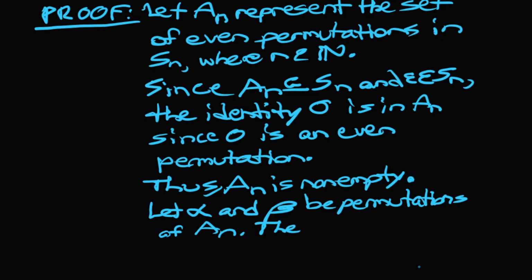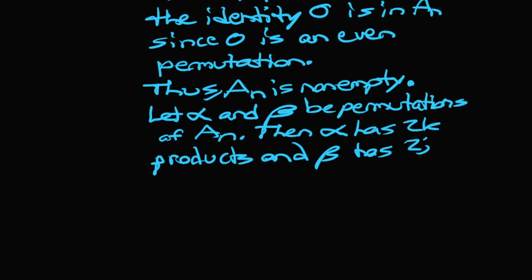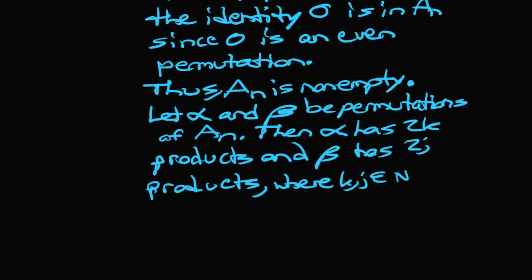So then alpha has 2k products, and beta has 2j products, where k and j are natural numbers.